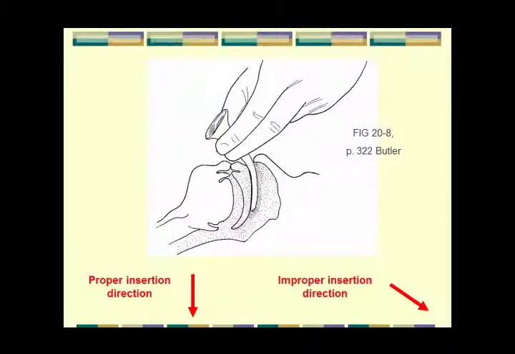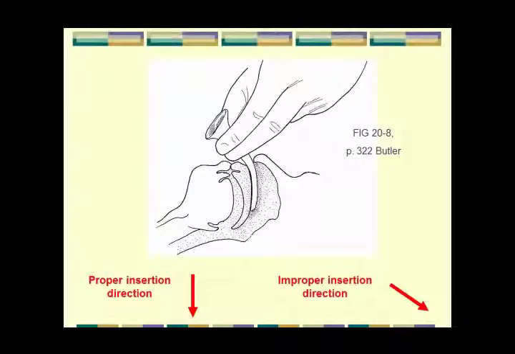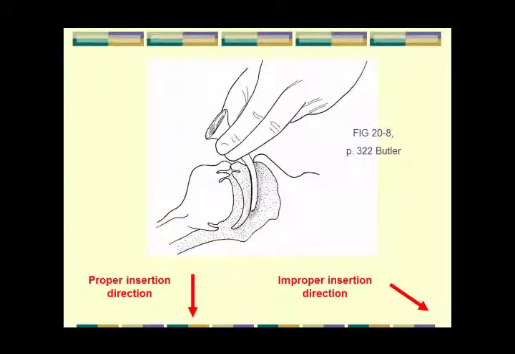And although you don't see it that often with the nasal trumpet, there have been case reports of puncturing the cribriform plate and going into the brain. If you're seeing gray stuff come flying out of your tube, you probably have a whole world of hurt.